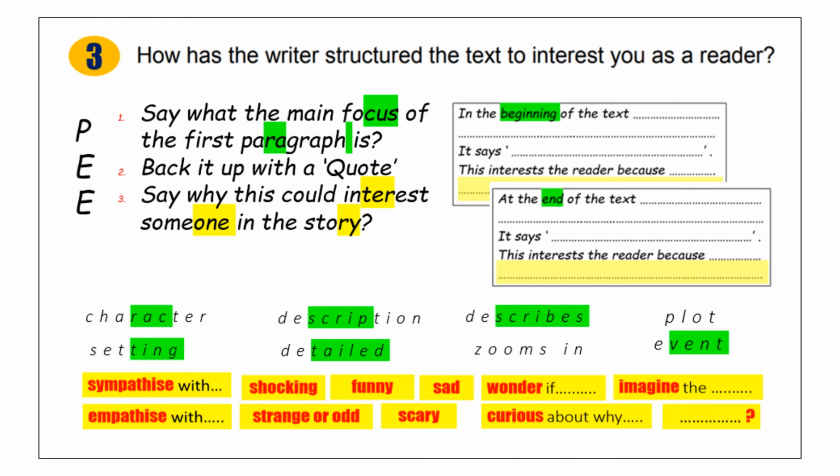And so here you've got the key things to remember for how to answer that question. You've got that structure, point, evidence, explain, and you've got the 2 little writing frames and the subject terminology with the green highlighting that you want to try and use, and some ideas for reasons why a piece of text might be of interest to somebody reading it.